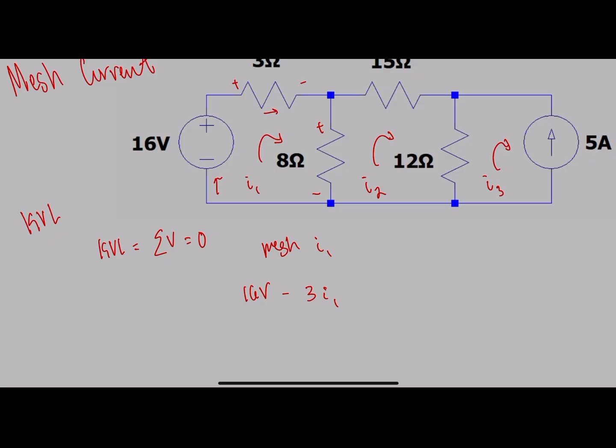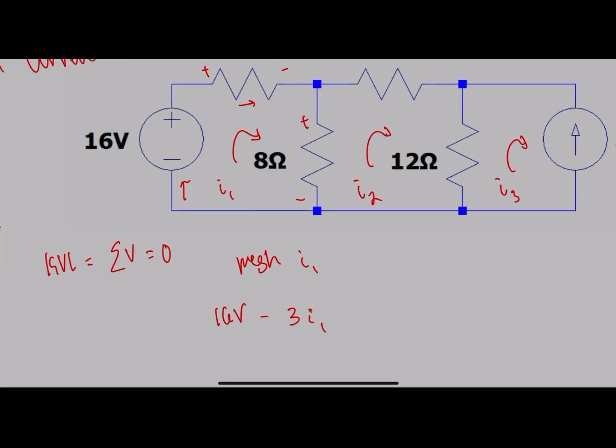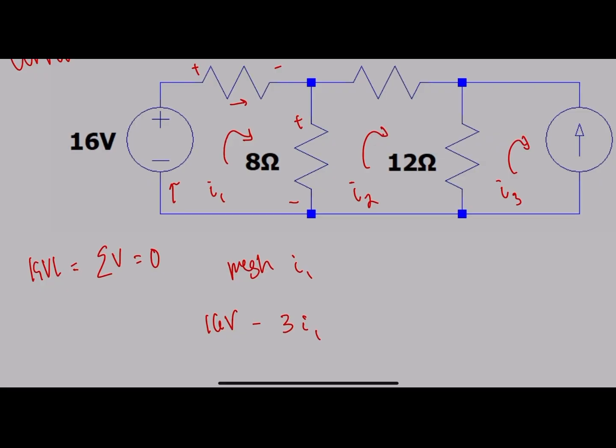That's our variable. And here's where it gets tricky for some, where you'll have to realize that this is an intersection of meshes. We have I1 defined in this direction and I2 going this direction. So you need to be careful to assign it. The voltage drop there will actually be 8 ohms times I1 minus I2, because I2 is going in the other direction that we defined.